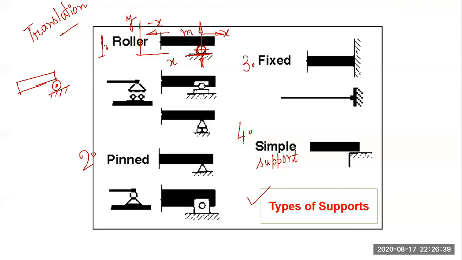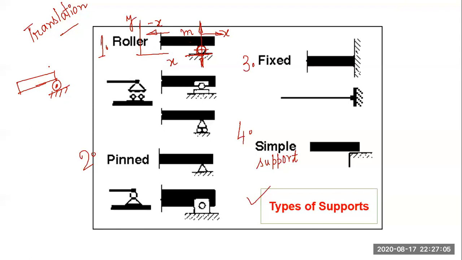it can easily translate along x, but it cannot translate along y. So the x direction motion is not restricted. The x direction motion of the beam is not restricted due to the presence of the roller. The motion which is restricted is the y direction.